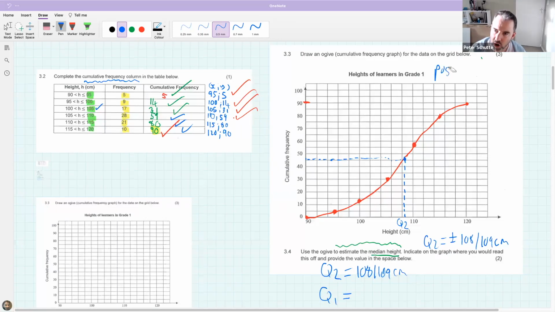You're going to start with calculating the position of Q1, which is going to be that calculation. I might even need to use my calculator to find the position.